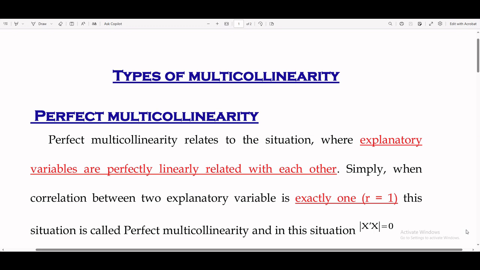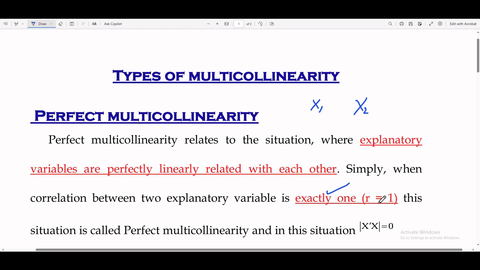If there is exact collinearity among the variables x1 and x2, you have two explanatory variables x1 and x2 with an exact relationship. How do you find an exact relationship? This is the sign: r is exactly 1, where r is the correlation coefficient.